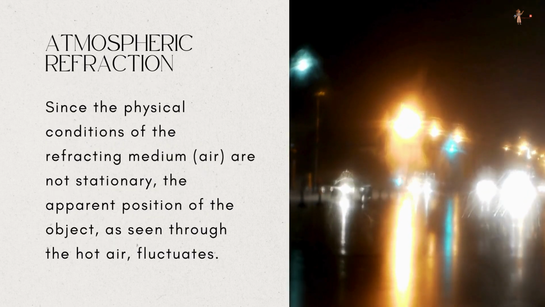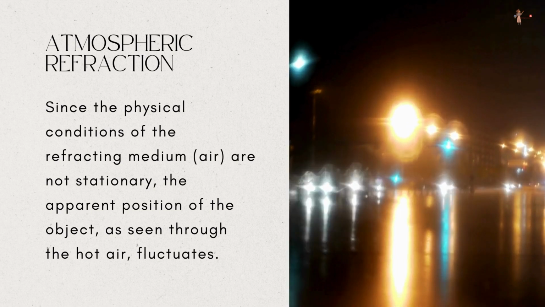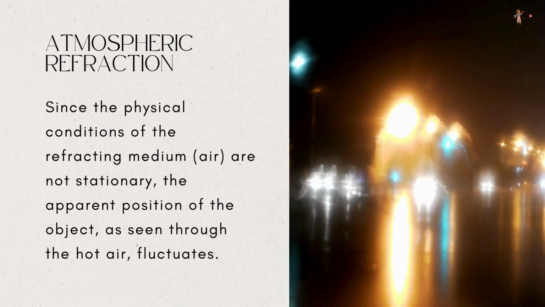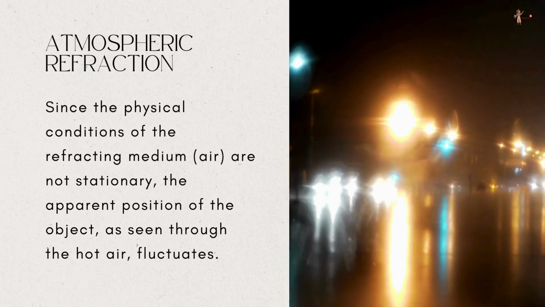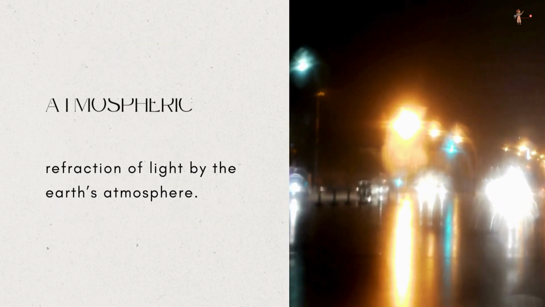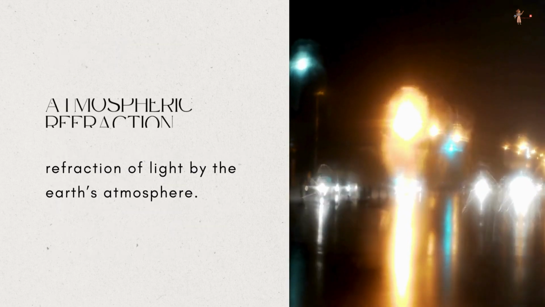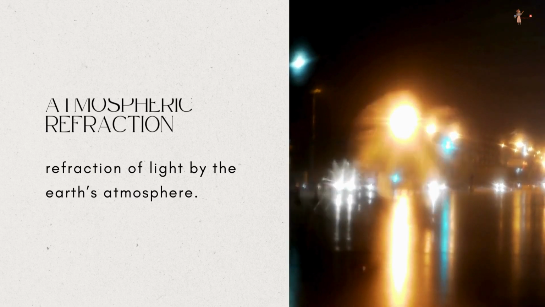Since the physical conditions of the refracting medium are not stationary, the apparent position of the object, as seen through the hot air, fluctuates. This wavering is thus an effect of atmospheric refraction, that is, refraction of light by the Earth's atmosphere, on a small scale in our local environment.